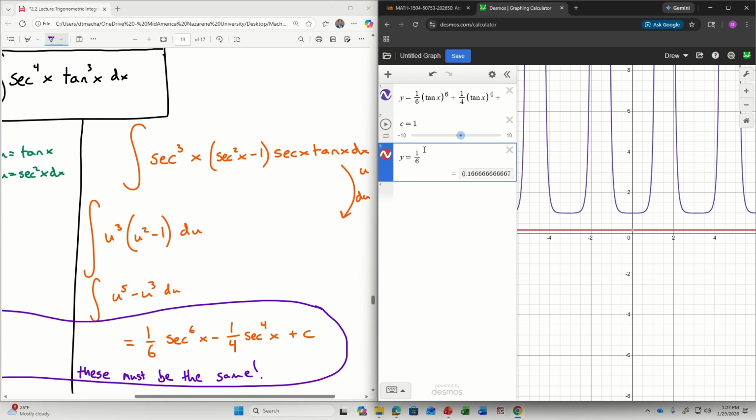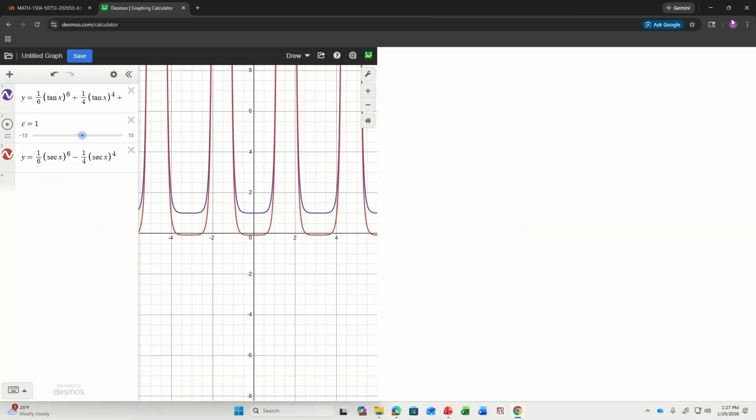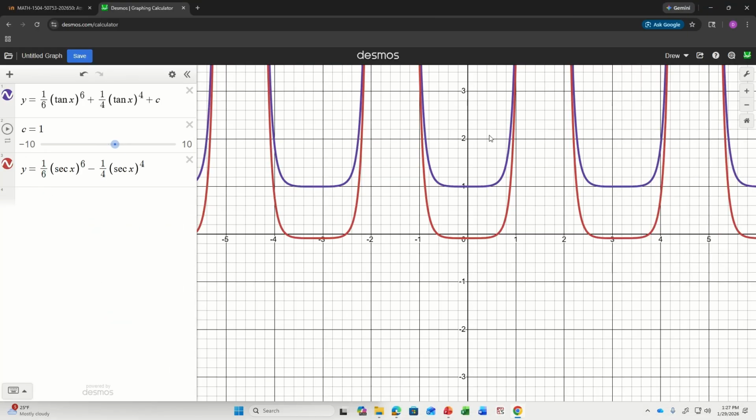Antiderivatives are unique only up to a constant. So I could have a different constant in these two antiderivatives, plus 1/4 secant x to the 4th power, and, oh, I need an x there. No, minus. There's a plus sign, but it should be a minus sign. And this is what it looks like when I plot my two answers together.